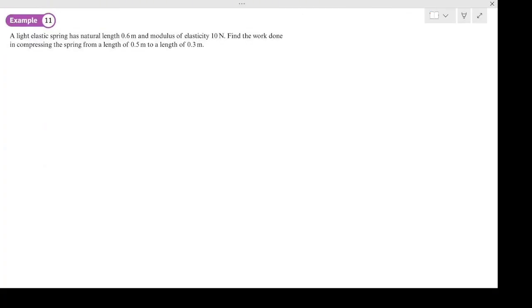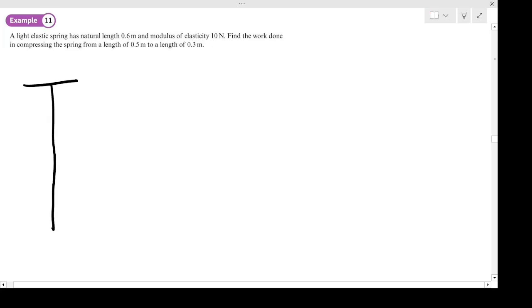Again, a similar sort of situation where we're changing the length, so it's being compressed to different lengths here. So again, let's draw these two different scenarios out. Firstly, it's compressed to 0.5, so let's draw that out. So there's my string.